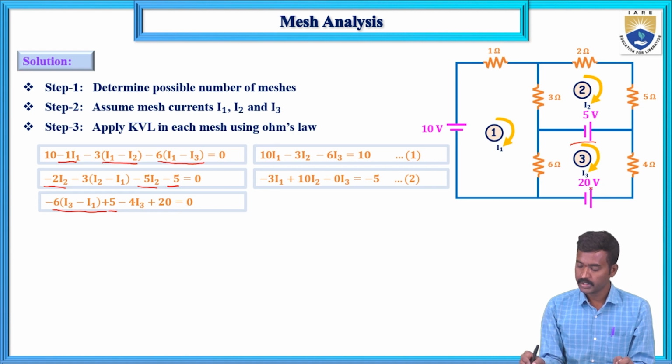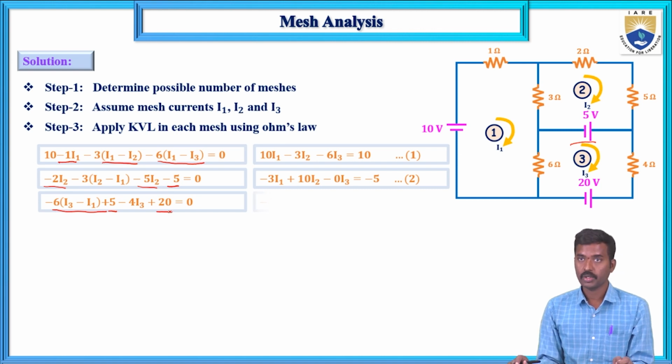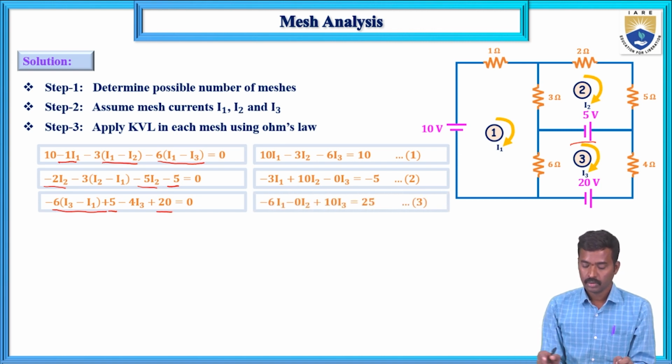So this is plus terminal to the minus terminal, 20 equals 0. Minus 6 I1, 0 I2, there is no resistor, so 0, and 6 plus 4, 10 I3 equals 25.